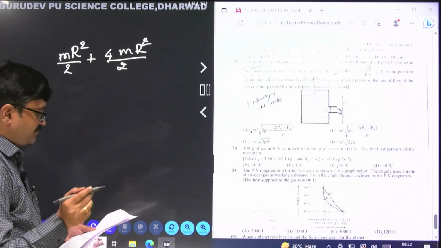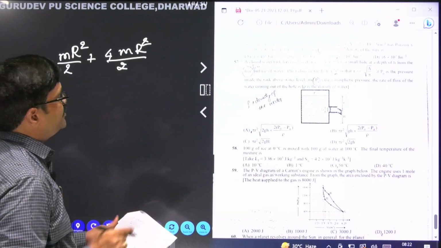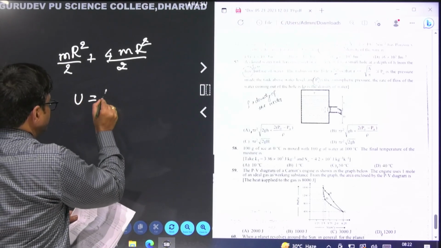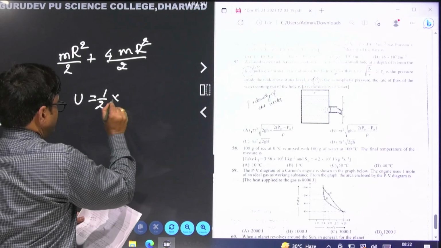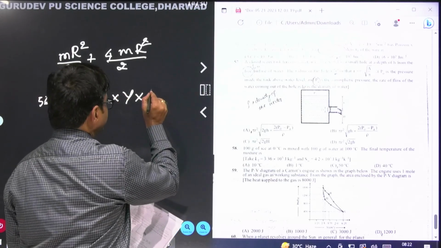over here, elastic energy density, it is given by 1 by 2. I'll write it as U is equal to half into Young's modulus into strain, square of strain.